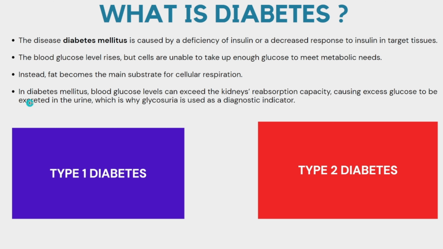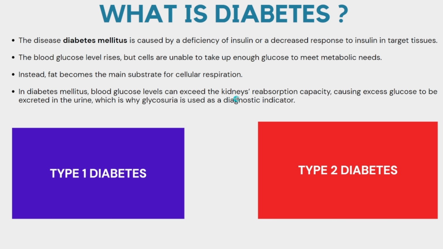In diabetes mellitus, your blood glucose level can exceed the kidney reabsorption capacity, causing the excess glucose to be excreted in the urine, which is why glycosuria is used as a diagnostic indicator. Because in diabetic patients, the blood glucose level is very high, until the kidney cannot reabsorb all the glucose.